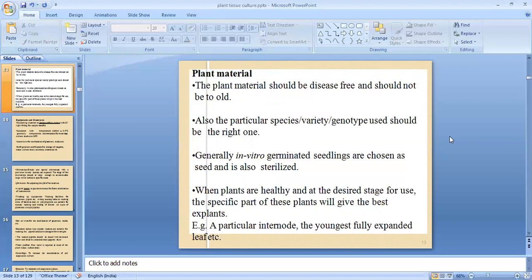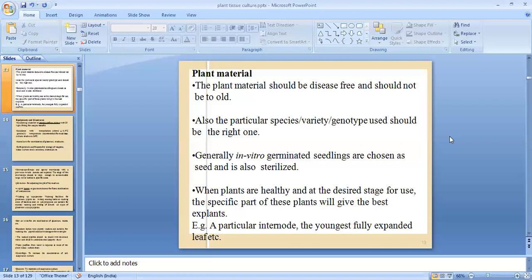And then the in vitro germinated seedlings, chosen as seed, everything has to be sterilized. Understand? And the plants should be healthy, and whatever stage we are taking to use as an explant, it should be healthy and it should have its own totipotency.